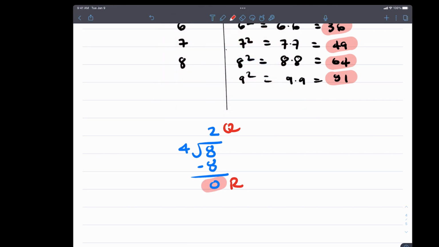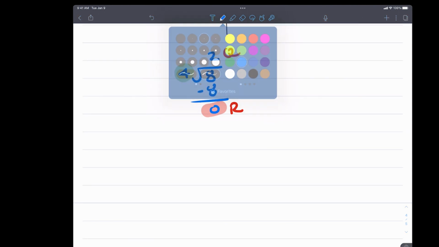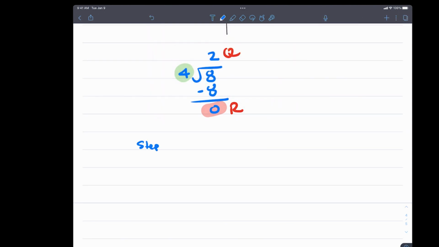So you're saying, is this step 1? I'll say yes. You found the perfect square. What's the perfect square? It's 4. And so here's going to be step 2. Step 2. You're going to write, what do we say the number under the radical was called? It's called the radicand.